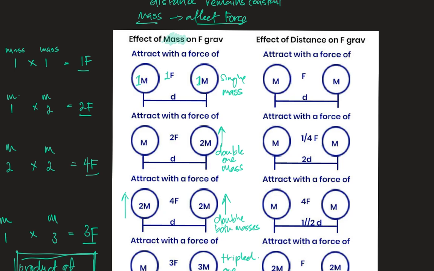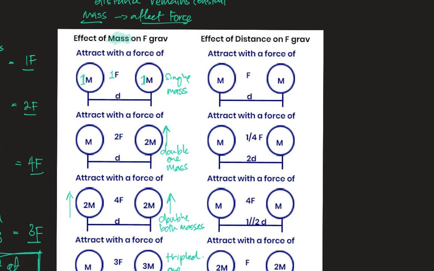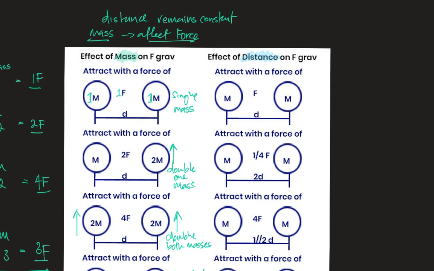The second one we have here is we're looking at distance. And what you will notice is that the masses remain constant. But here we're looking at distance and its effect on force.